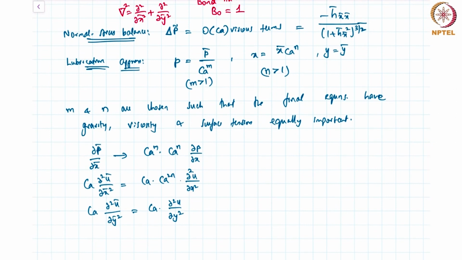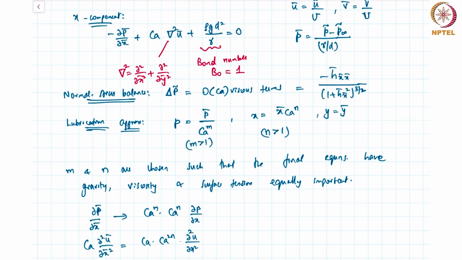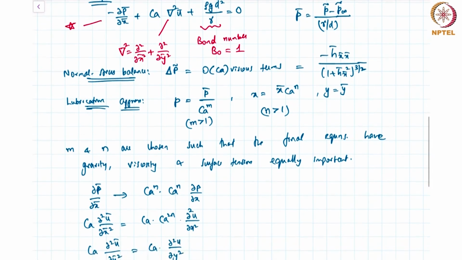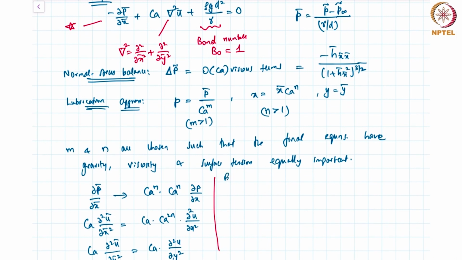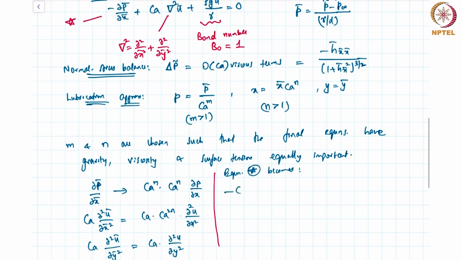So the equation essentially becomes, we're looking at this equation, let's call this equation star. Equation star becomes, I'll write it right here so that you can see this: minus capillary power m plus n del p by del x plus capillary number times, so what are the two terms that we have, capillary power 2n times uxx plus uyy plus 1 is 0.